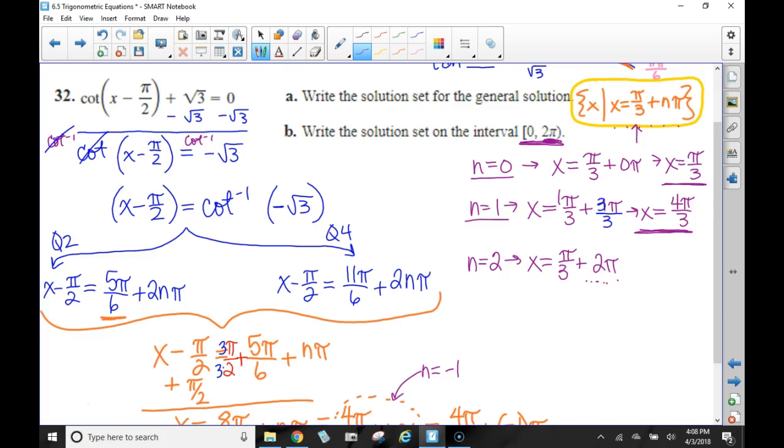So that's going to be, yeah, a solution, but not in the interval that they want us to give. We only have those two answers of pi over 3 and 4 pi over 3 for the solutions that just lie in this indicated interval. Those are our only answers there.